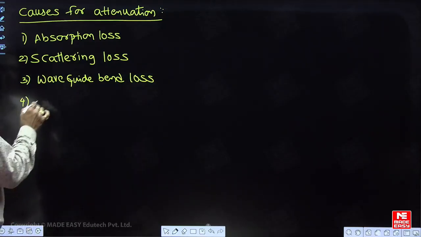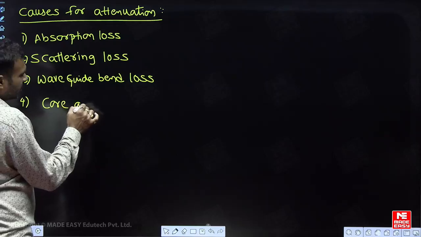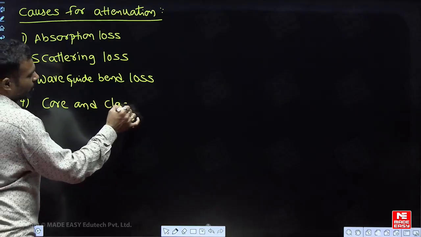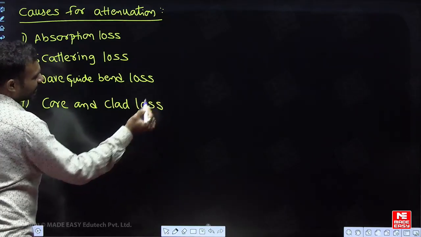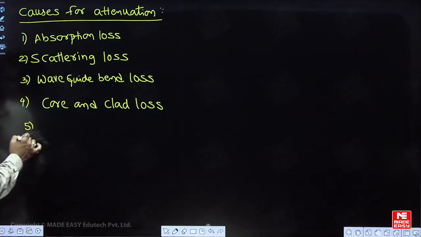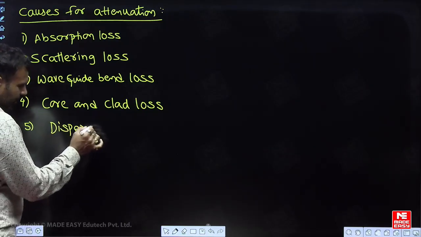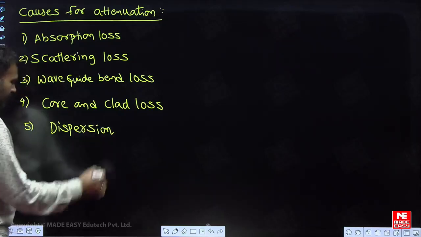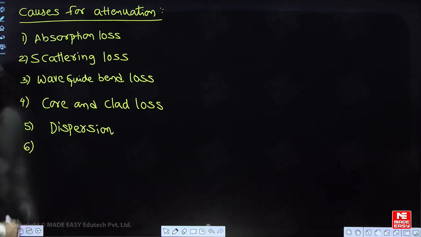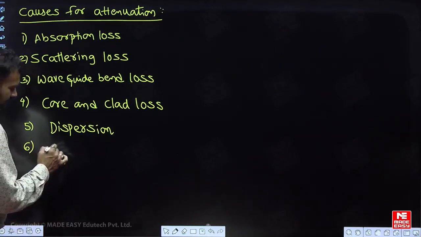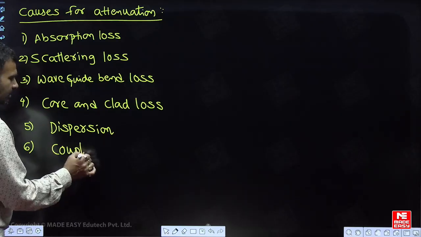Fourth is core and clad loss. Fifth is dispersion. Sixth is coupling losses.